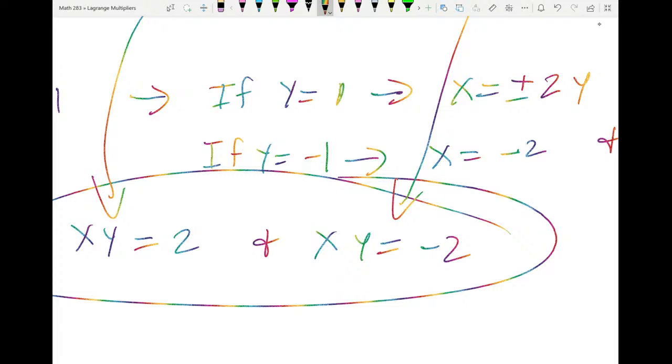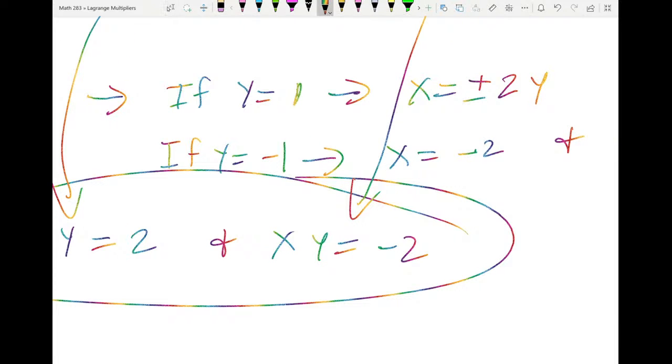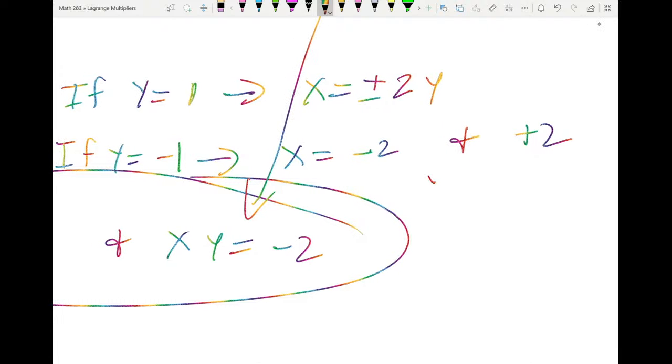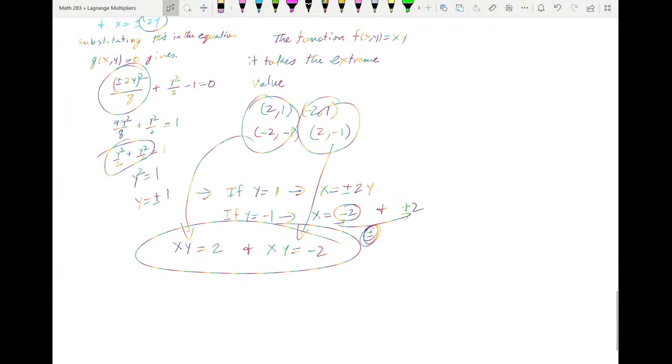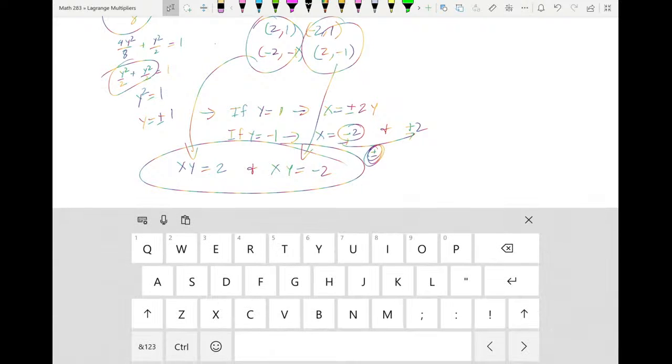When y equals -1, the first number we got is -2, and the second number was +2 because of the plus and minus. I'm going to explain to you why I paid attention to it. Give me a little bit more time and I'll explain what I meant by that.